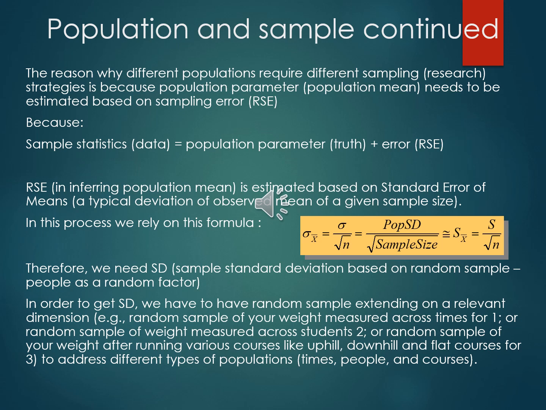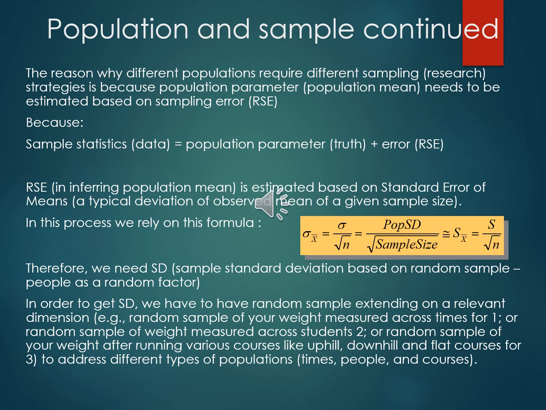So then, how are you going to estimate the random sampling error? In estimating the random sampling error, I assume that in your stats lecture you learned this formula. Random sampling error, which is represented as the standard error of the mean, can be given by standard deviation divided by square root of sample size.